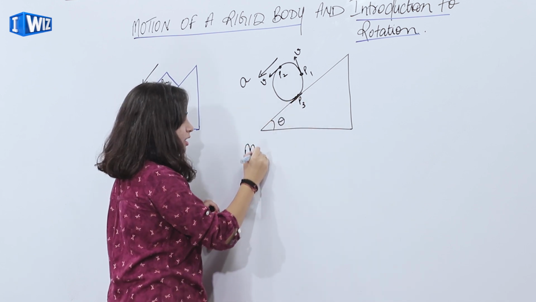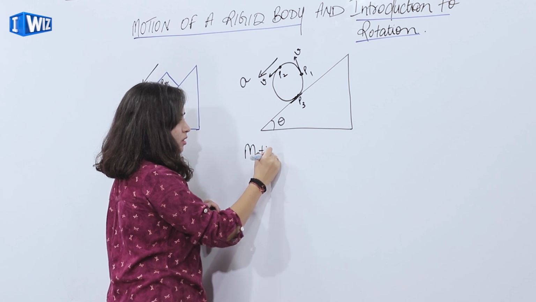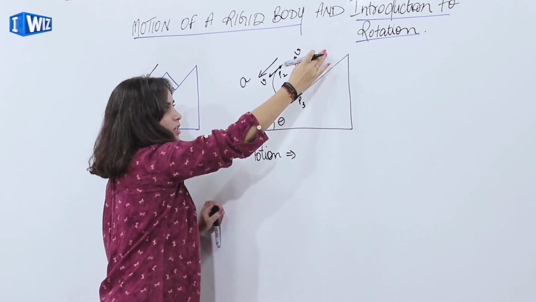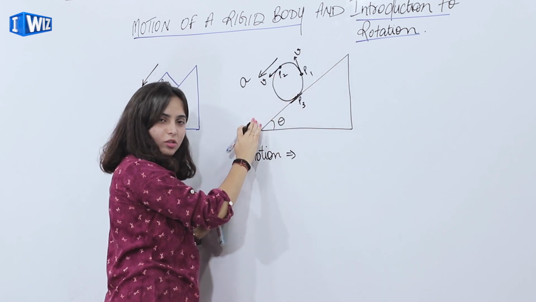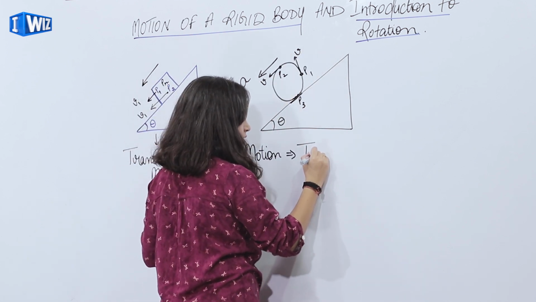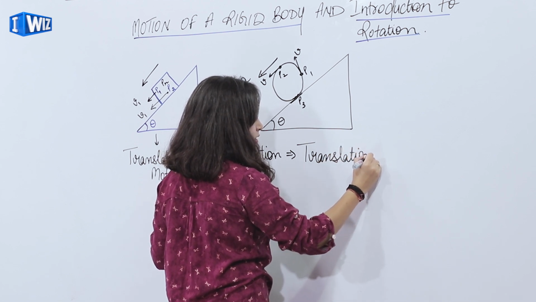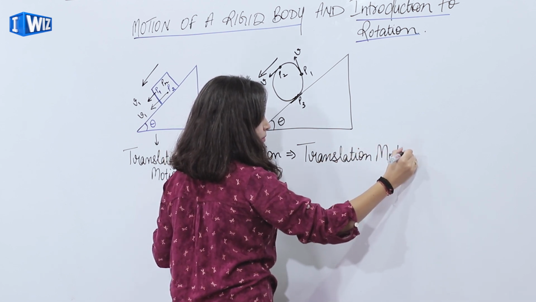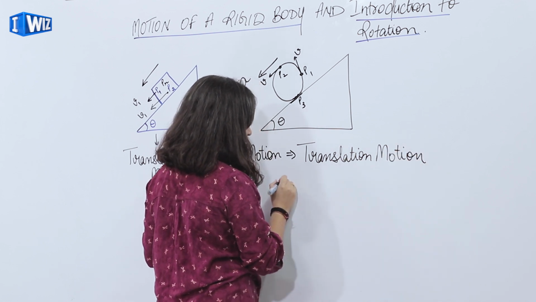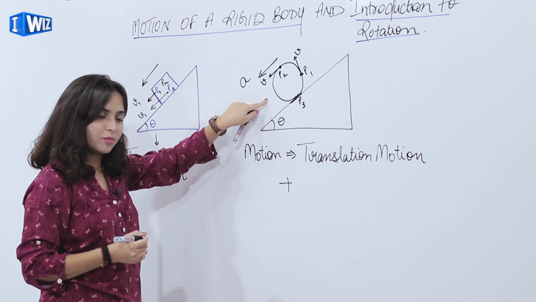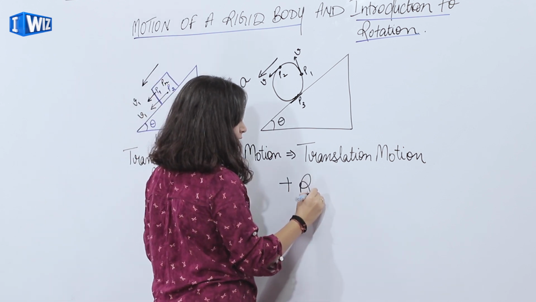So here the motion is of what type? Translation motion is there because the object is moving from upward to downward, plus there is another motion in this rigid body, that is rotational motion.